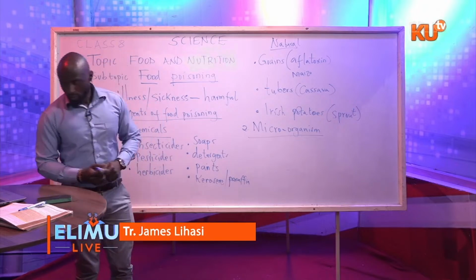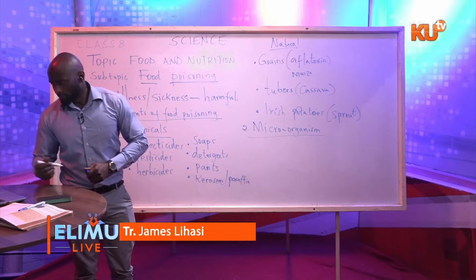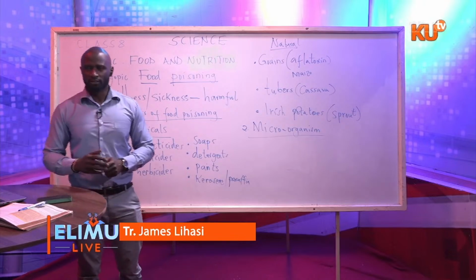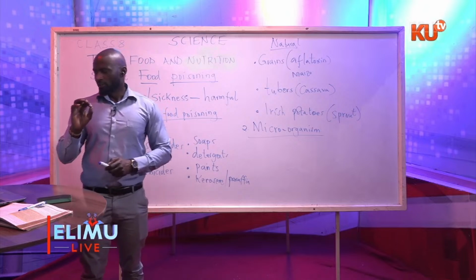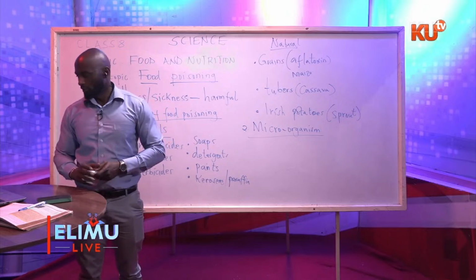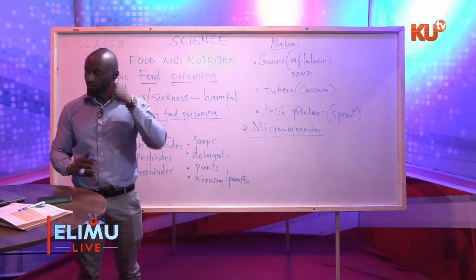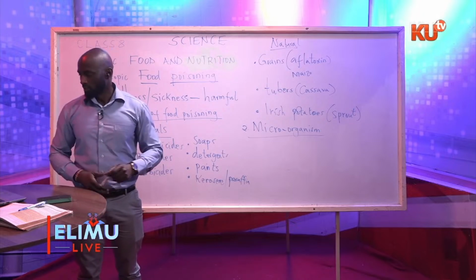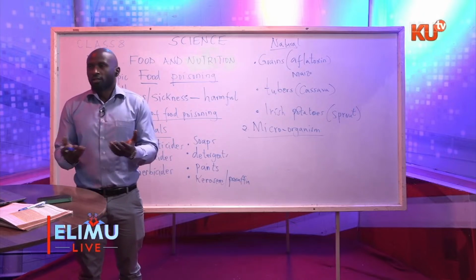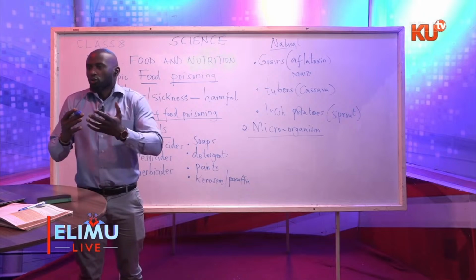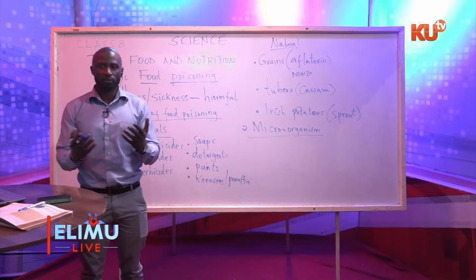Number two, we've talked of some protein foods, like meat pies. If meat pies or other things like ice creams are not well stored, then they provide a conducive environment, a favorable environment.